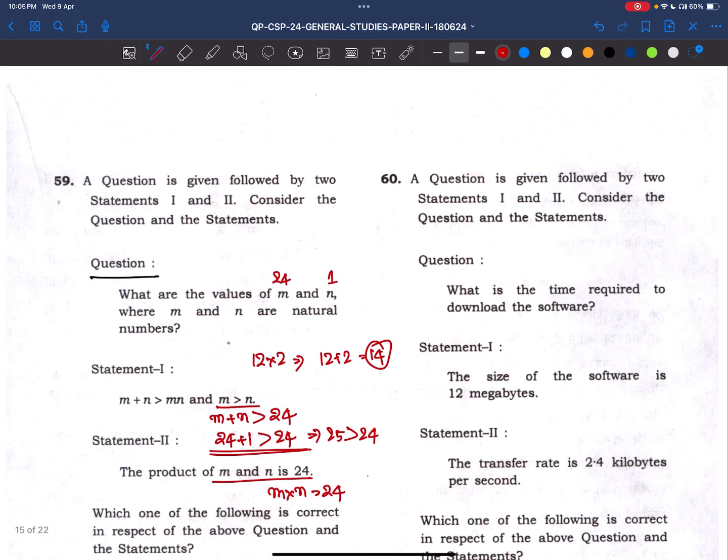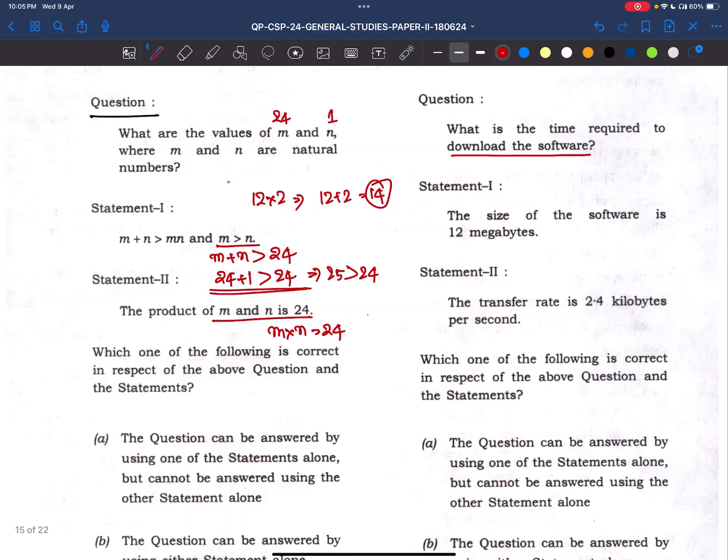60th question. What is the time required to download the software? The size of the software. Size is what? 12 megabytes. Right? We got the size. Next, transfer rate is 25 kilobytes per second. We know the file size and we know the transfer rate.